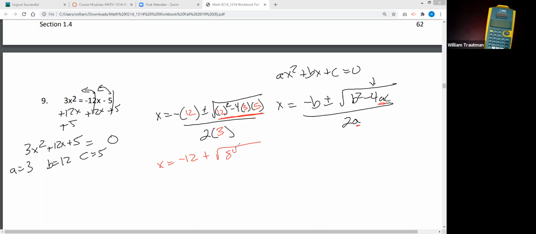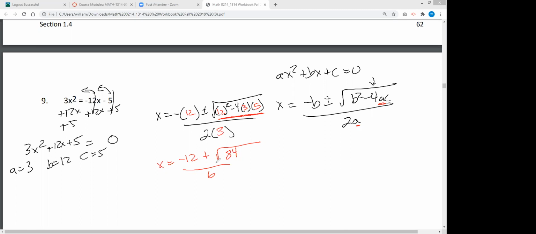Did you get 84? I got 84. Good, good. So we're going to do that every time. Since the inside is positive, we can actually put this in our calculator now.